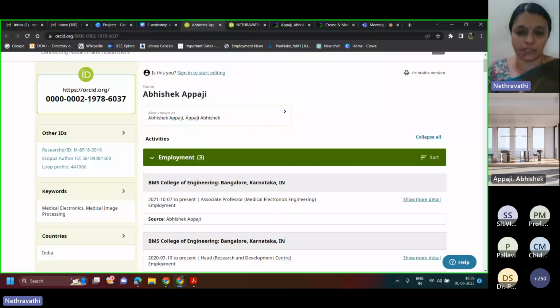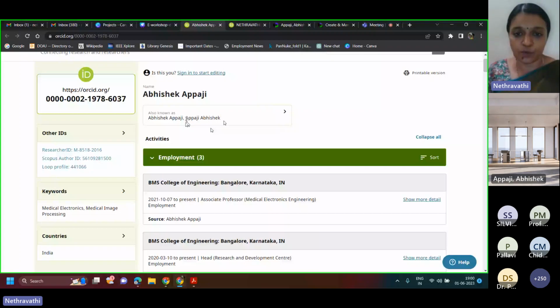It happens until we realize that it is important to give our name properly, and to give the same name every time. But whatever has happened has happened. So how do we correct it? This ORCID ID will link all the names.